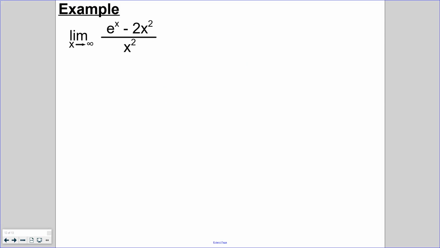Next up, we have the limit as x approaches infinity of e to the x minus 2x squared all over x squared. Now, if we would break this up and substitute in infinity, again, based on our basic growth rates, we know that e to the x grows the fastest. So I'm going to make that a big infinity. Minus, well, x squared, it does grow and increase, but it's a squared, it's a small degree. So it's just going to increase just a little bit.